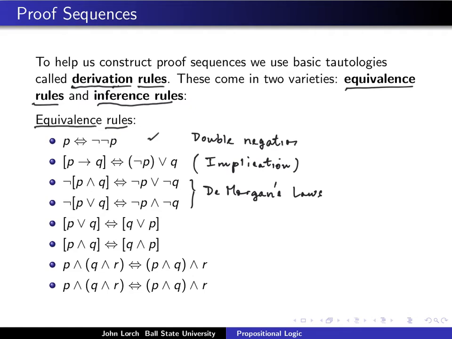Just takes you back to where you started. Okay, now the next bullet points are just claiming that the order of statements in and or doesn't matter. Doesn't matter whether P or Q is the same as Q or P. So these are commutativity.